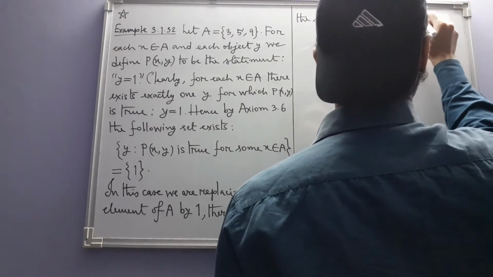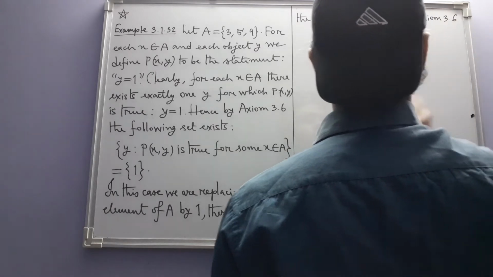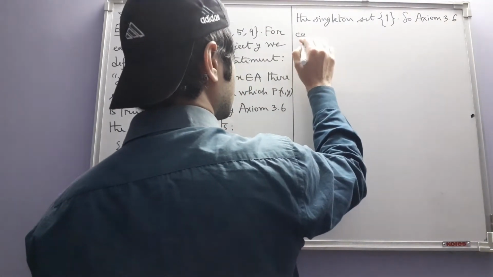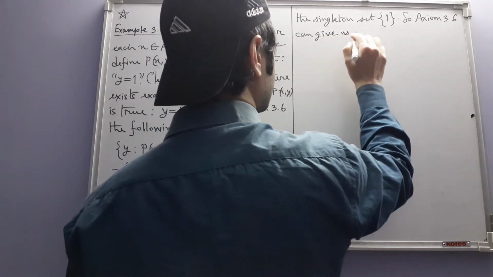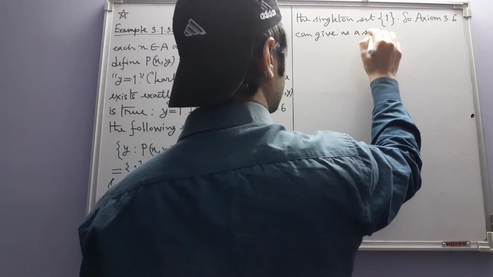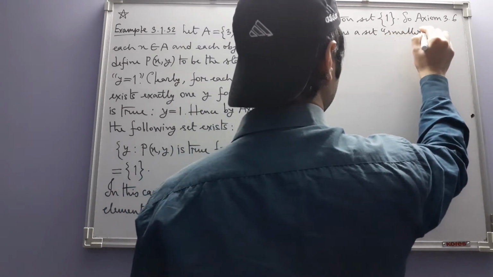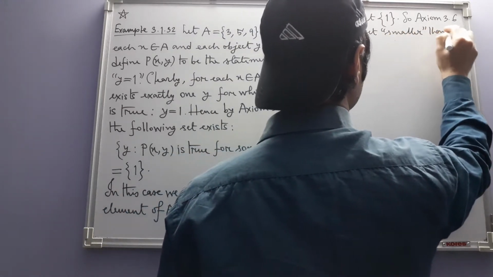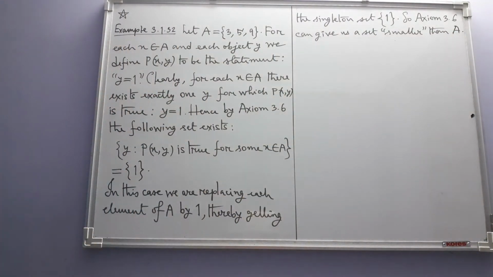So, axiom 3.6 can give us a set "smaller" than A. Smaller than A means smaller than the original set.